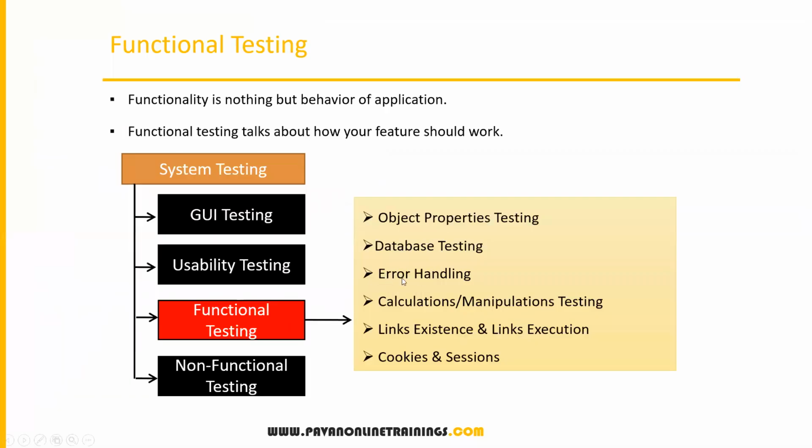Now, next let's move on to error handling testing. So what is error handling testing? Error handling testing means we mainly focus on error messages. For example, suppose you are working on the UI. When you do some invalid or incorrect action or operation on the UI, our application should display some message to the user, like you have done such and such mistake.